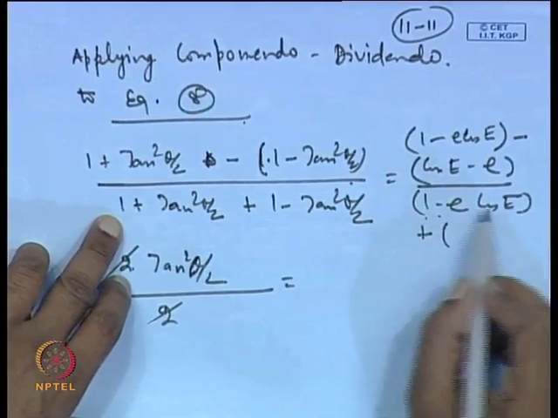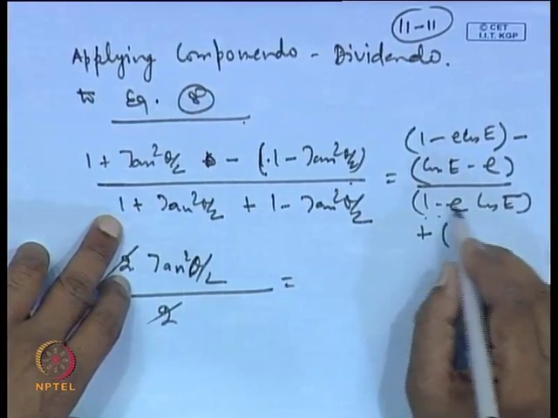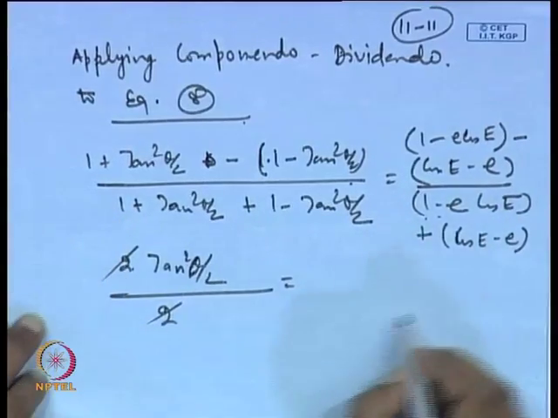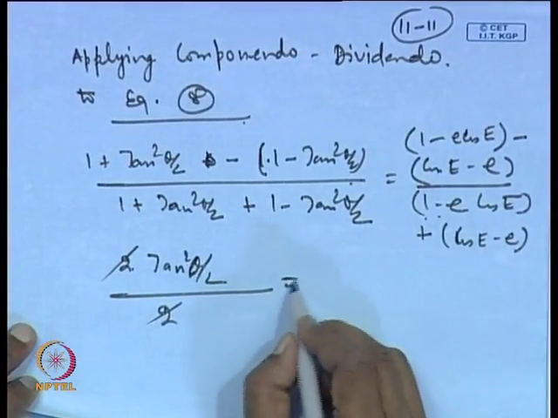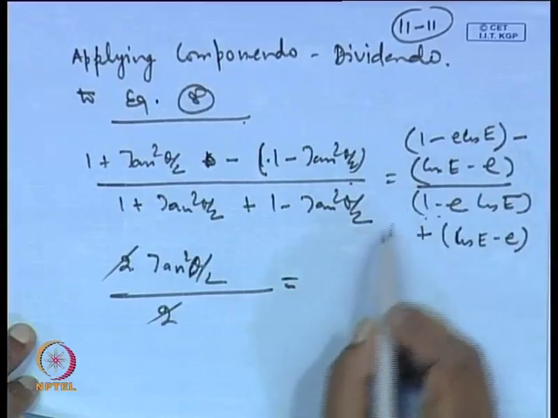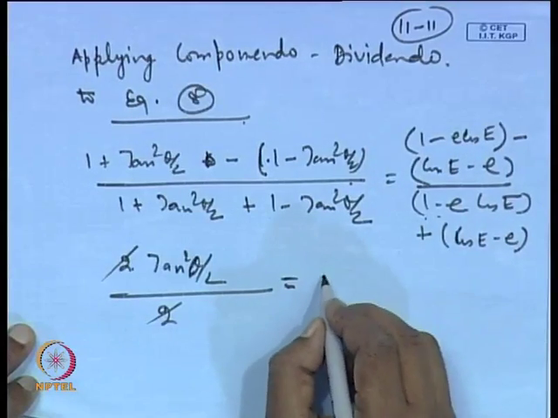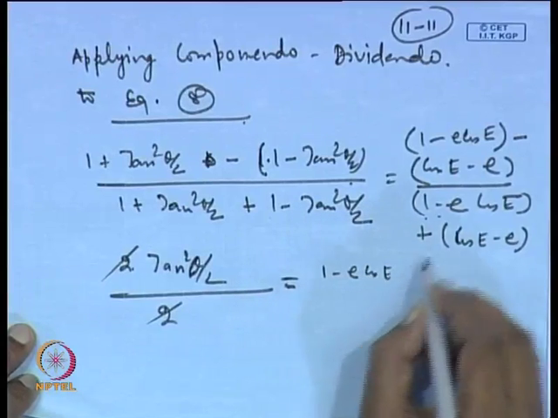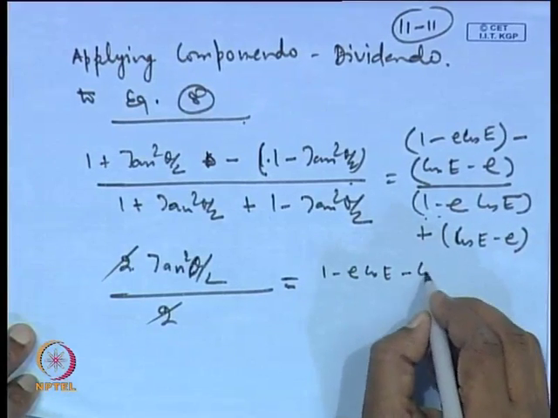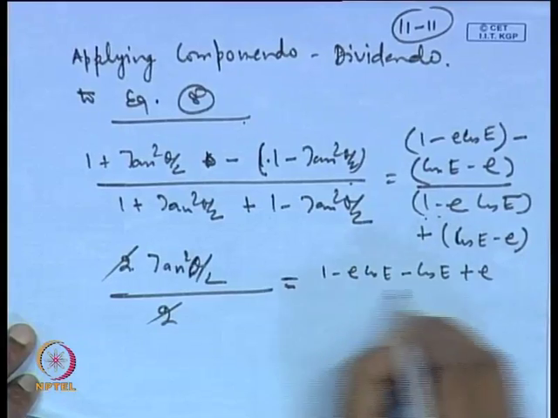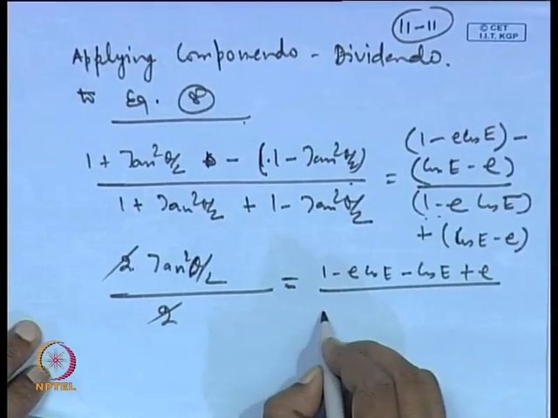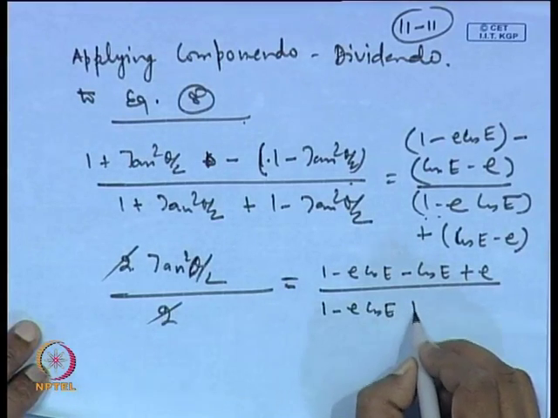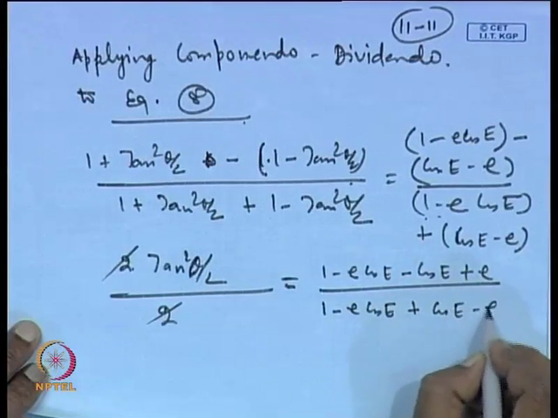So, we had in the denominator this quantity, and plus cos E minus e. So, what we get on the right hand side: 1 minus e cos E, and this we equate. Here we expand and write it as 1 minus e cos E, and this is minus cos E plus e, and here this becomes 1 minus e cos E plus cos E minus e.